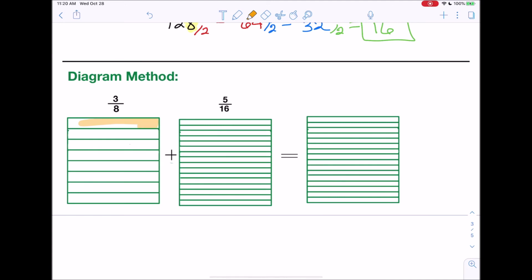So I'm going to color in 3 of the parts because it's 3 out of 8. Our second rectangle has been divided into 16 parts because it's 5 out of 16, right? So I'm going to color in 5 of the parts because it's 5 out of 16.